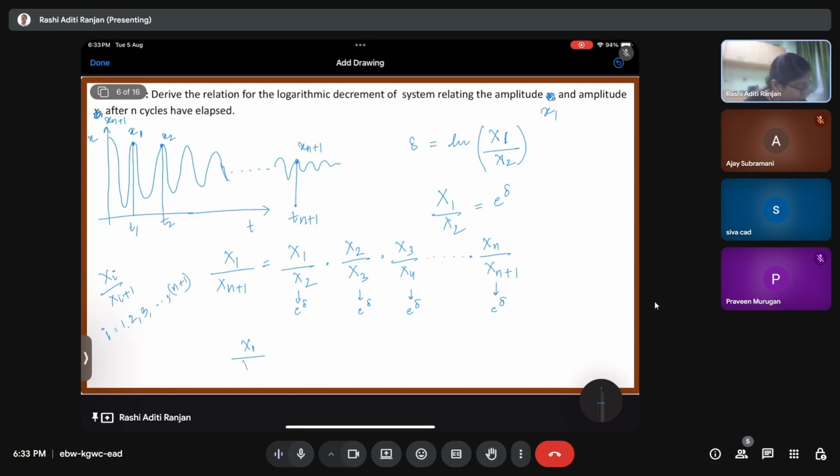We get x1 by xn plus 1 is e to the power delta, the whole to the power n, and by the mathematical equation, we have e to the power n delta. So from here we can obtain the new delta, the logarithmic decrement only, which is equal to 1 by n ln of x1 by xn plus 1.